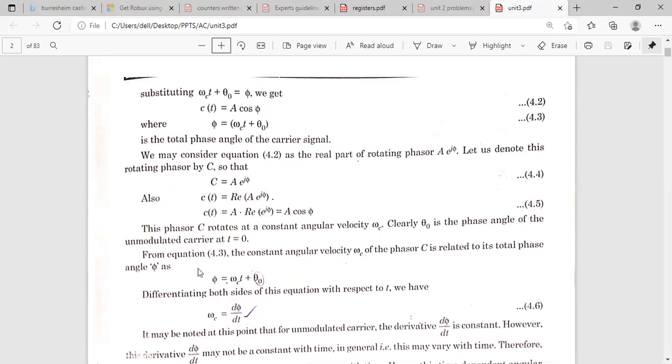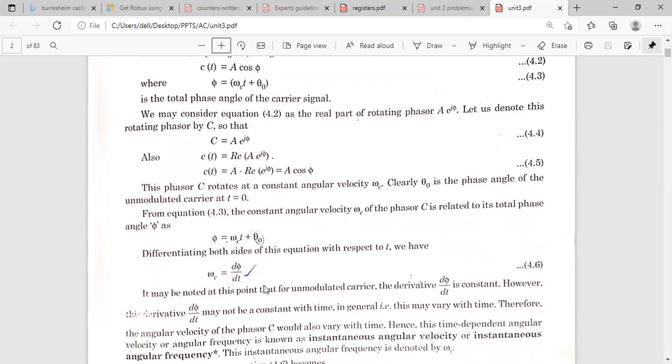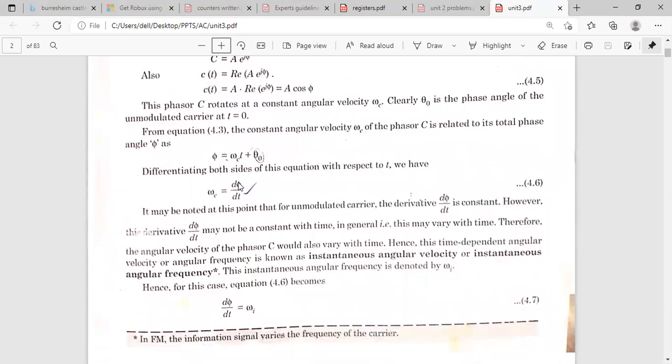Here the total phase angle of the carrier is omega c t plus theta naught. If we differentiate both sides with respect to t, we get the relation between the total phase angle and the carrier frequency. Here theta naught will be equal to 0.